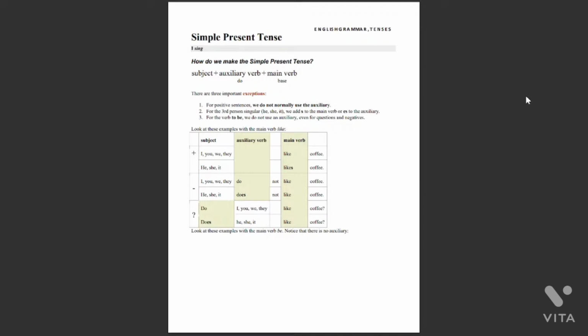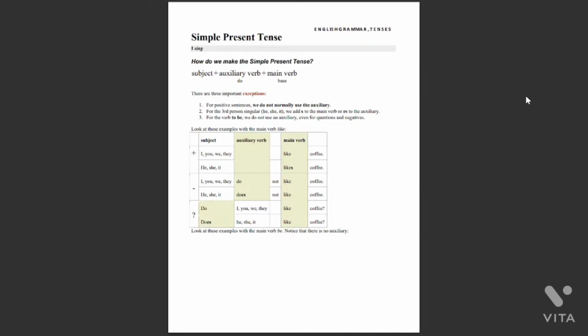And for questions, the auxiliary verb do comes first. It is definitely changing here. Do I like coffee, do you like coffee, do we like coffee, do they like coffee.